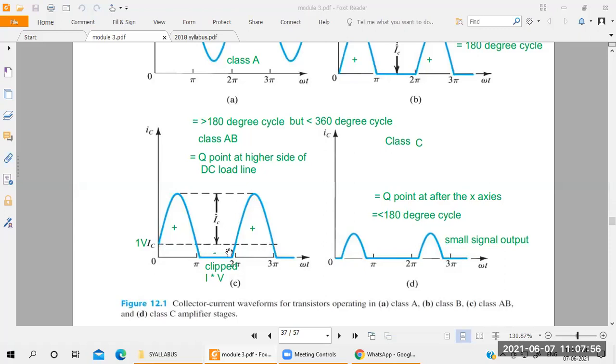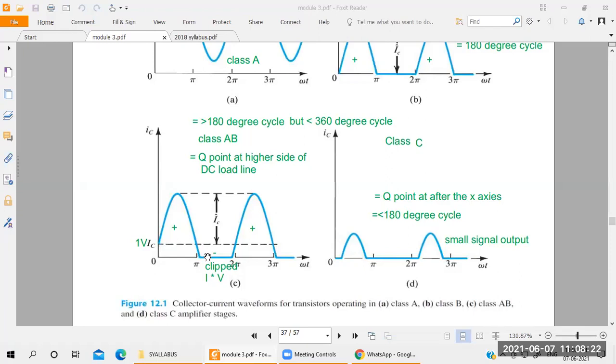Below the DC current here, there is a negative current, but this negative current is clipped off. They have removed some of the negative current here. Understood? We are not getting a complete negative current here. Some of the negative current is clipped off. Why? Because the Q point is at the higher side of the DC load line.